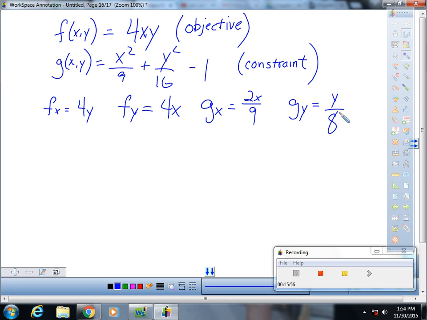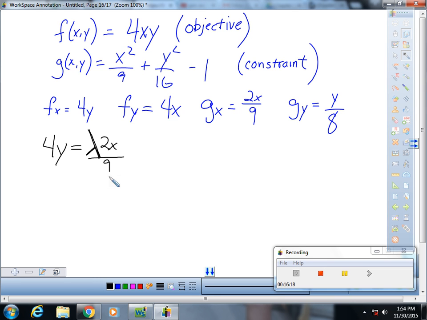Alright, so now I'll set up my Lagrange equations using my Lagrange multiplier. So I can say 4y is equal to lambda times 2x over 9. That's one equation.